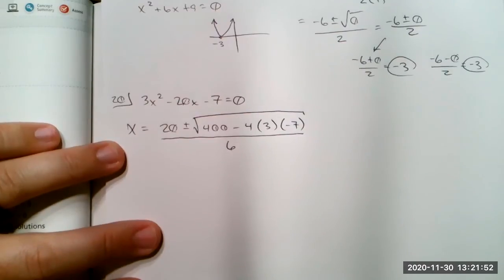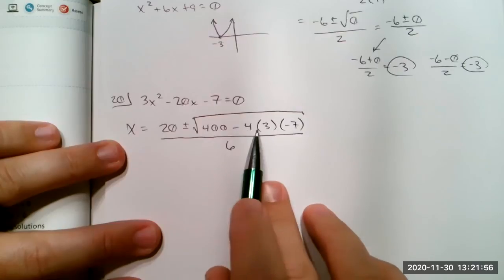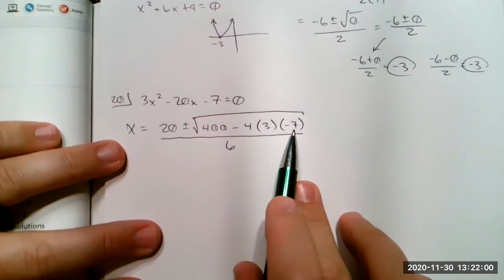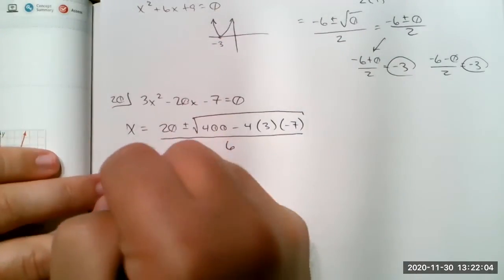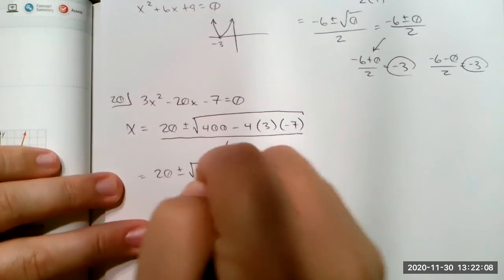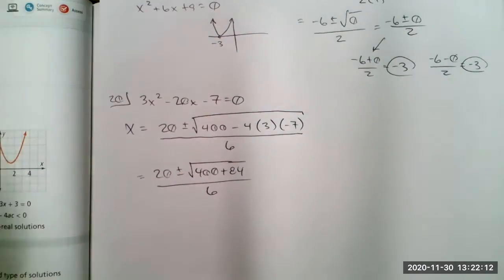So there's little baby steps you can do to kind of clean it up as you go along. Negative 4 times 3 is negative 12. Negative 12 times negative 7, that's positive 84. So we've got 20 plus or minus the square root of 400 plus 84 divided by 6.